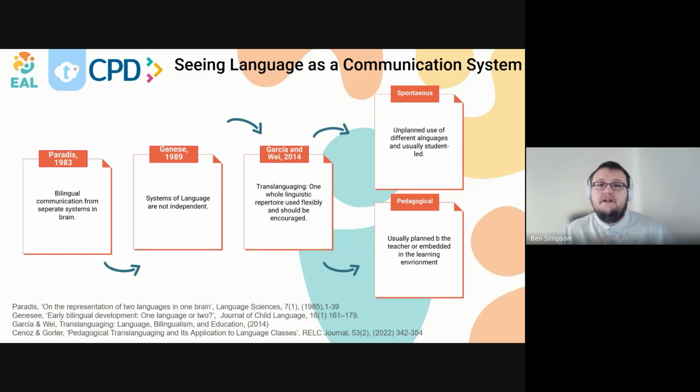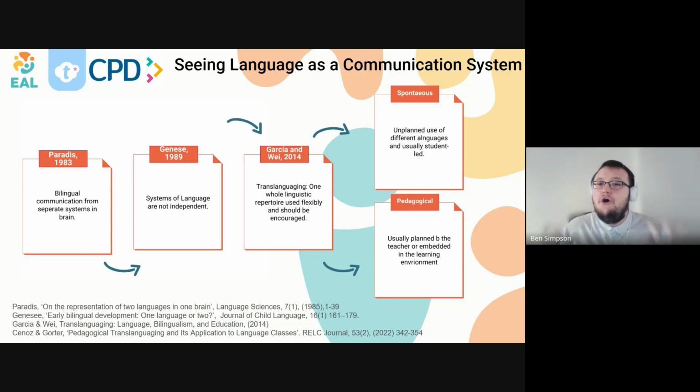This idea was developed by Garcia and others, and translanguaging has become a kind of umbrella term for all things multilingualism. The two main important labels that we'll take care of during this session are, first, spontaneous translanguaging. This refers to unplanned and usually student-led language use. So perhaps code switching, perhaps using things like Spanglish and other things like that.